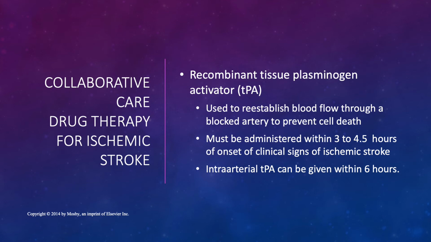There's a treatment called TPA, recombinant tissue plasminogen activator. This is used to reestablish blood flow through a blocked artery. What that does is, of course, restores circulation to the tissue and prevents cell death. But it has to happen quickly, within 3 to 4.5 hours after the onset of clinical signs of ischemic stroke.